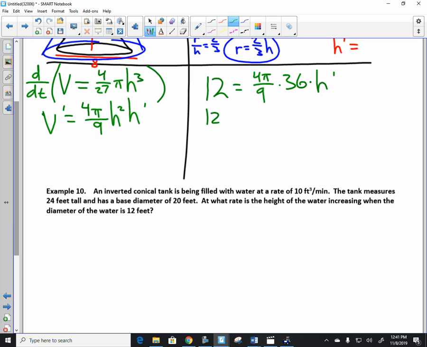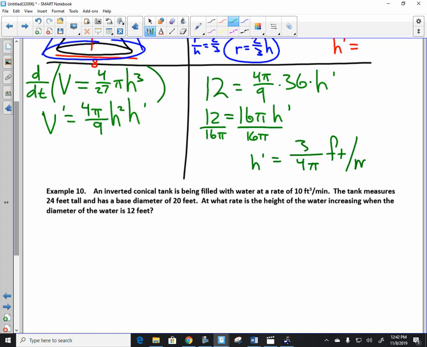Where 12 is equal to 36 over 9 is 4, so 16 pi h prime. If I divide by 16 pi, looks like you get h prime is 3/4 pi. What's the label? Feet per minute.